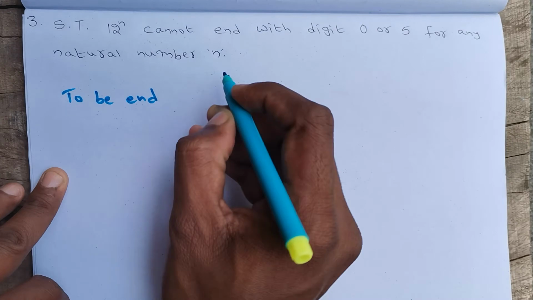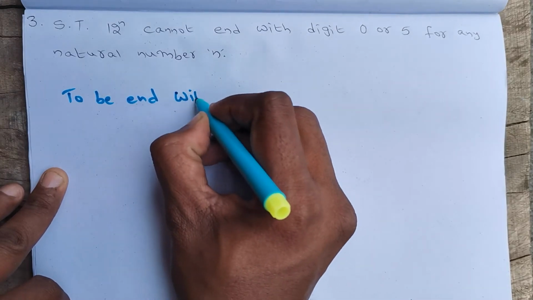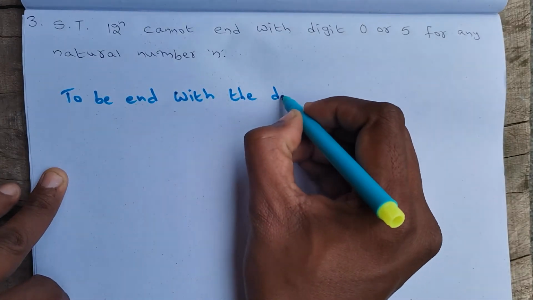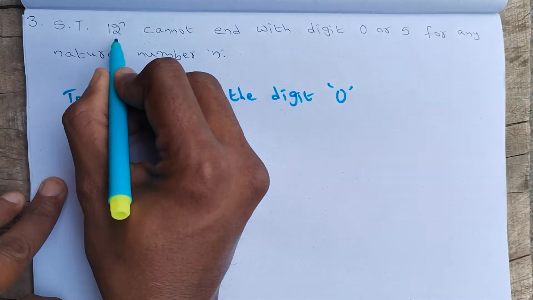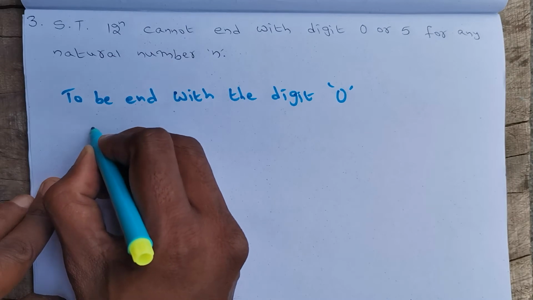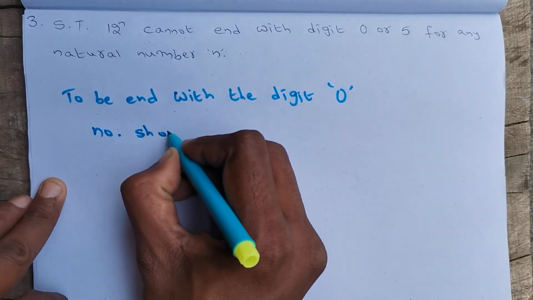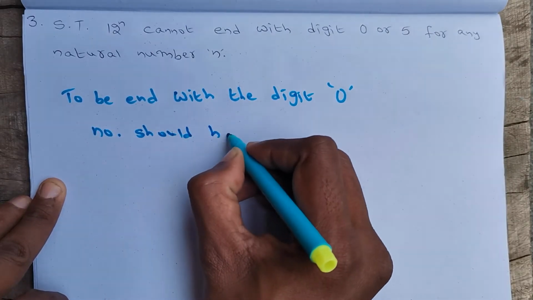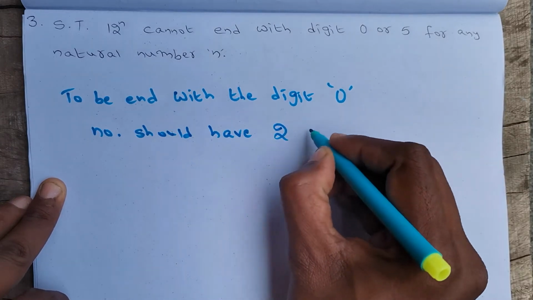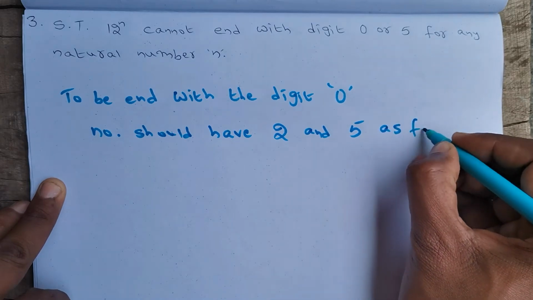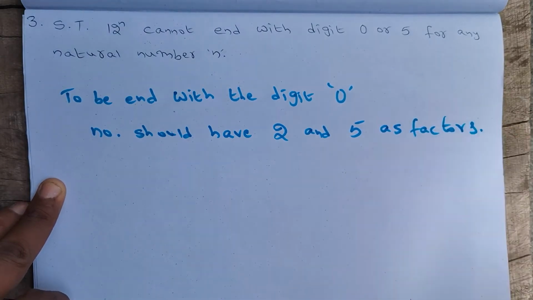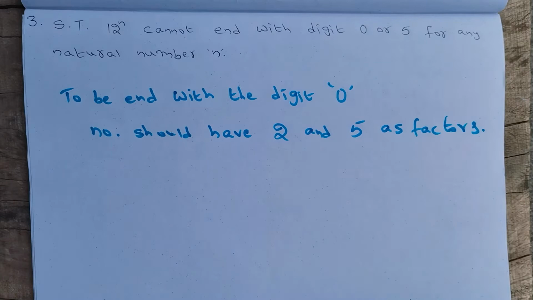To end with the digit 0, the given number should have 2 and 5 as factors.